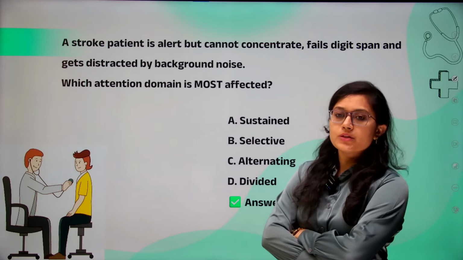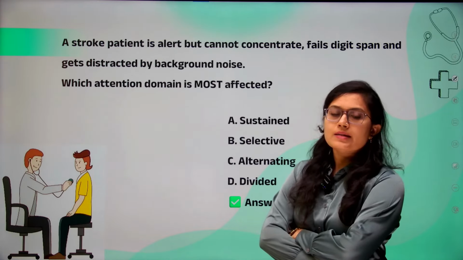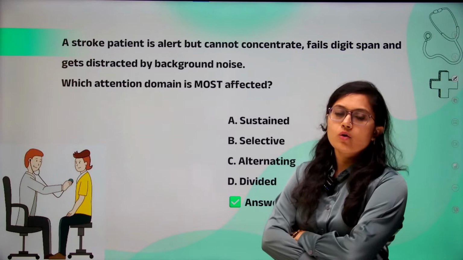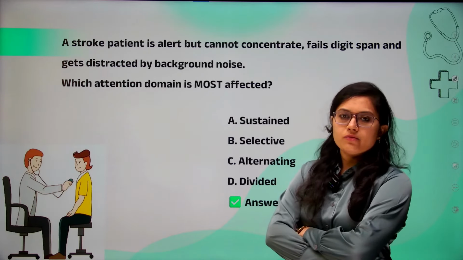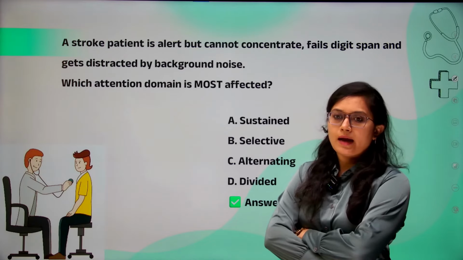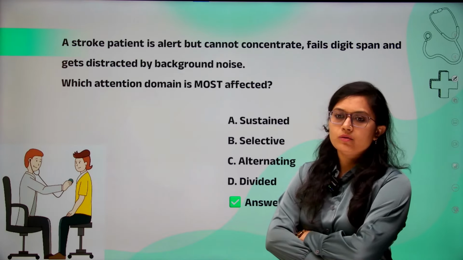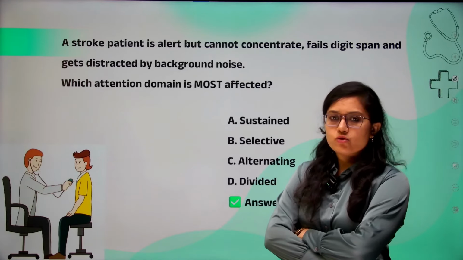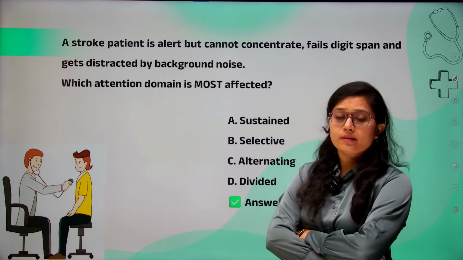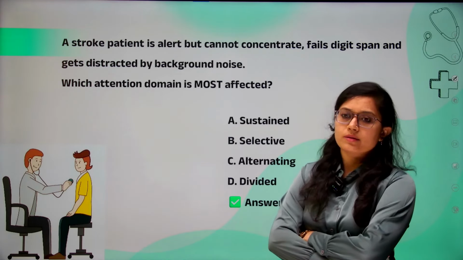I am repeating the question. A stroke patient is alert but cannot concentrate. Alert है patient but concentrate नहीं कर रहा है. Digit span fail, not working properly, and gets distracted by the background noise. What could be the answer? That is sustained attention, selective attention, alternating attention, or divided attention.